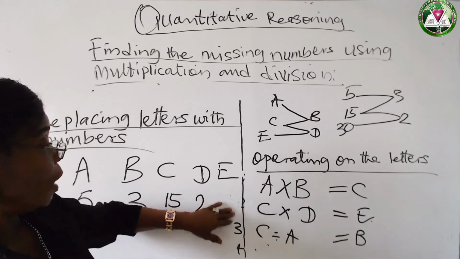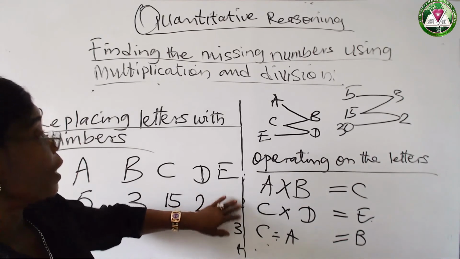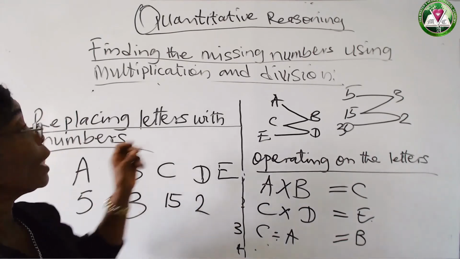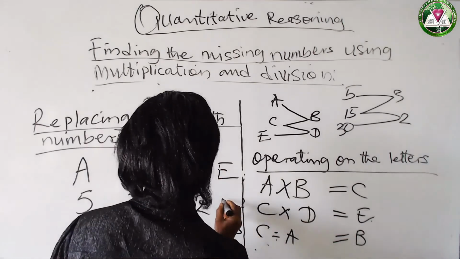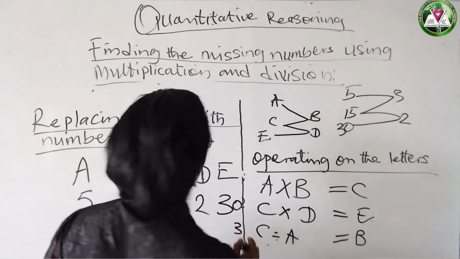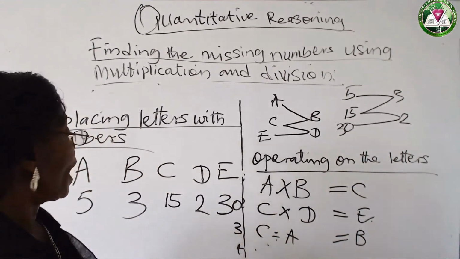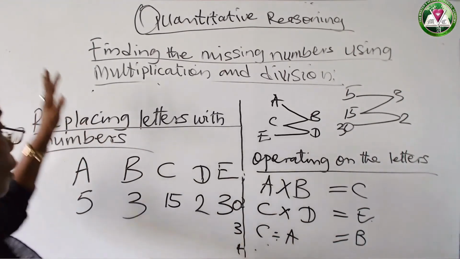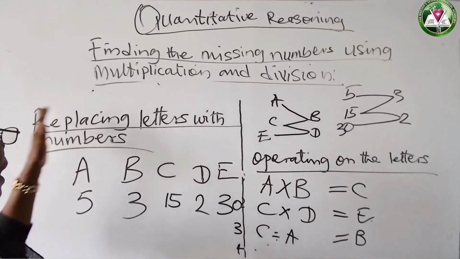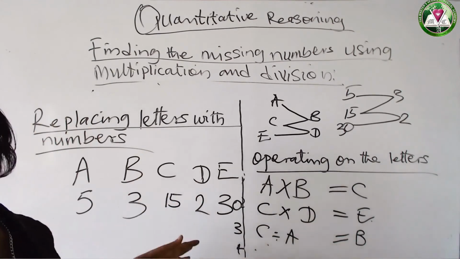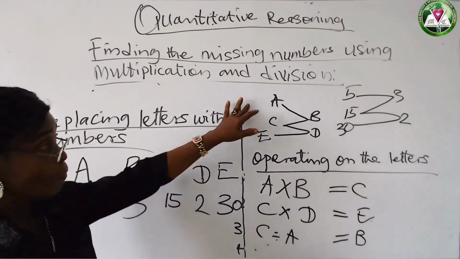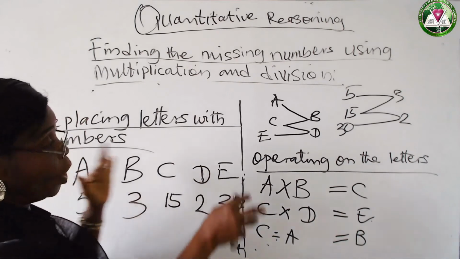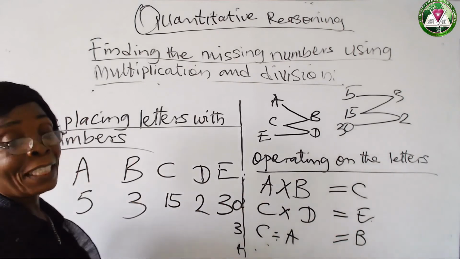E. What do you substitute for E? Very good, 30. We have been able to substitute the letters with the numbers. Now let us solve this problem based on all these steps we have already taken.